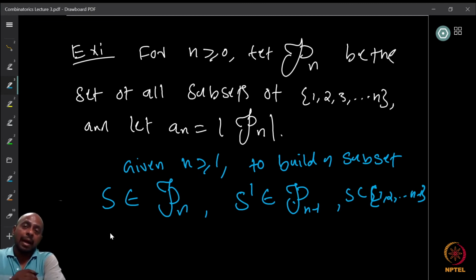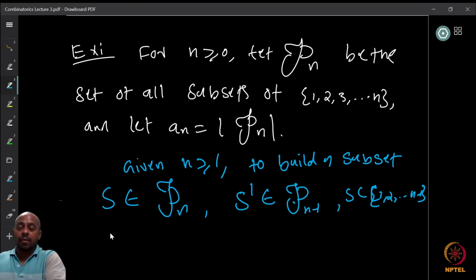One is to add n to this set S dash to construct a subset of Pn, or I don't add it, I just keep it as it is. So there are these two choices.